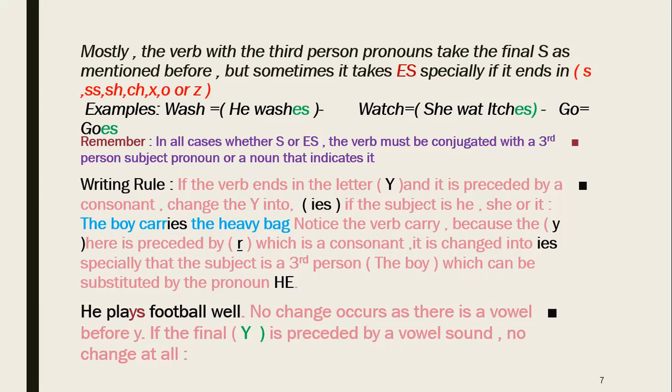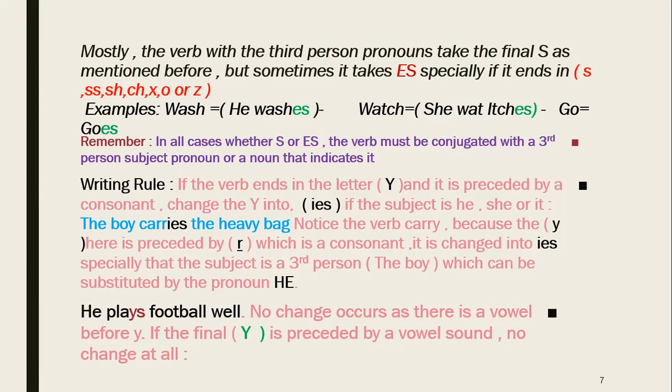So we can say, for example, carry. When you say the boy carries, carry is spelled C-A-R-R-Y. But when we try to add S here, because the subject is the boy, change the Y into I, then add ES, because the Y is preceded by the consonant R, like hurry, like others.